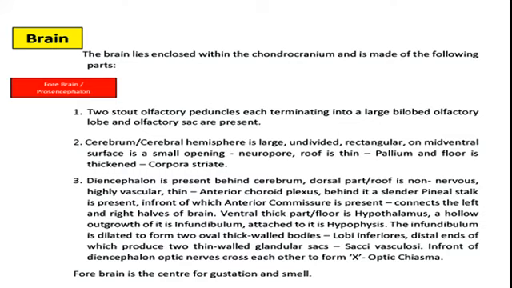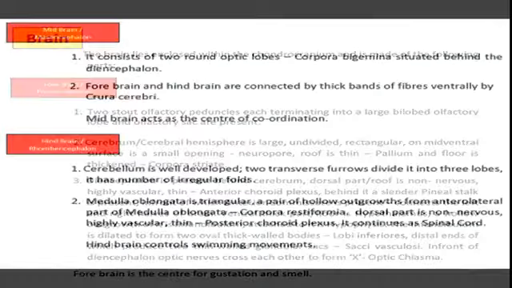This is a unique feature of the brain of Scoliodon. In front of the diencephalon, two optic nerves cross each other to form an X-shaped structure, that is optic chiasma. The forebrain region of the brain is the center for gustation and smell.